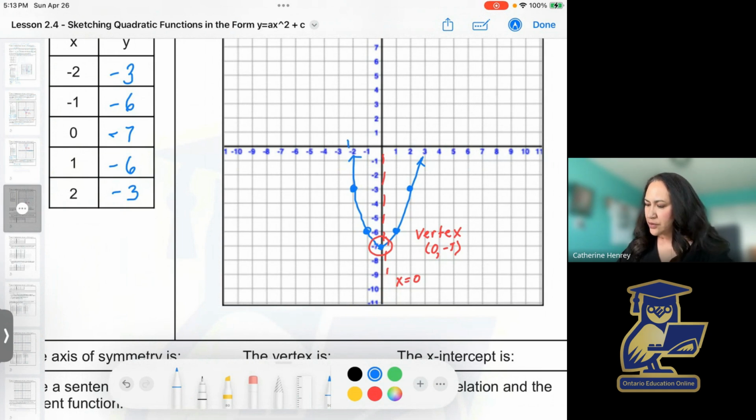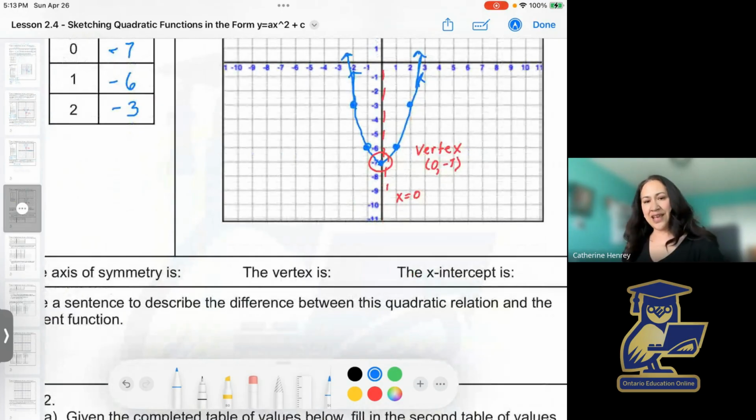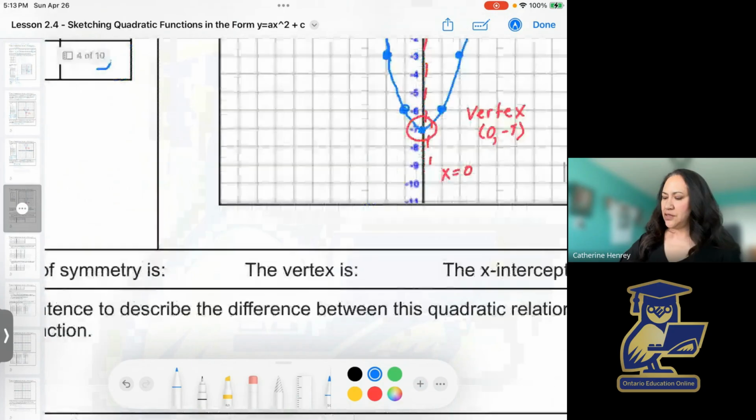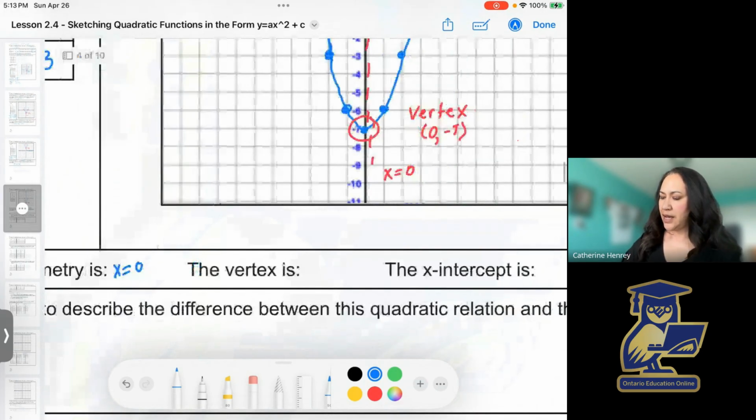So let's do a better job here at the top of our graph, because when we go back down to the bottom here, we're going to have to estimate the x-intercepts. So for our axis of symmetry, it's still x equals 0. The vertex is at 0, -7.